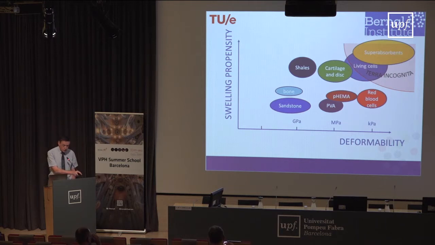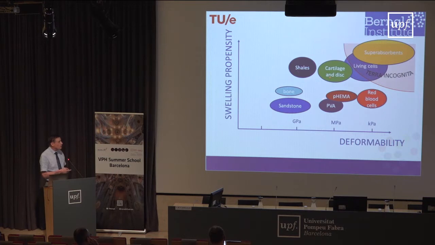So if we think about swelling media, you can draw many different applications in terms of the stiffness of the material and in terms of its swelling propensity. And then you see, for instance, sandstone is something very stiff and not swelling at all. If you go down to gels, then you have PVA, which is somewhat swelling, but not so much.